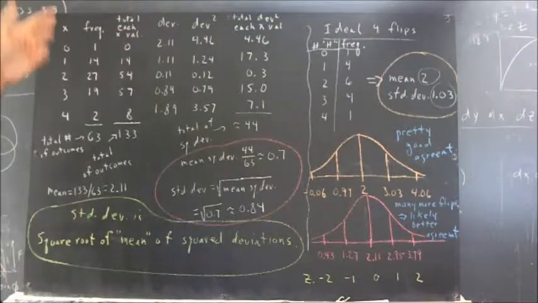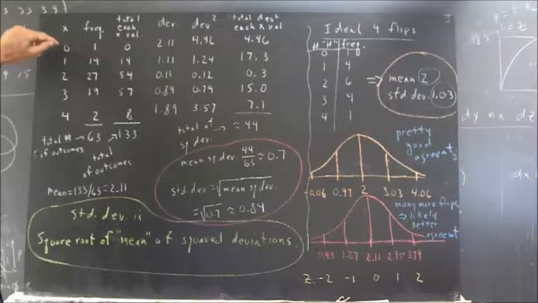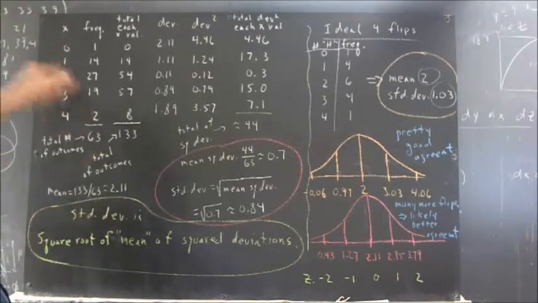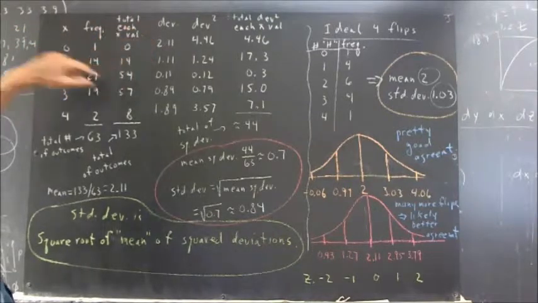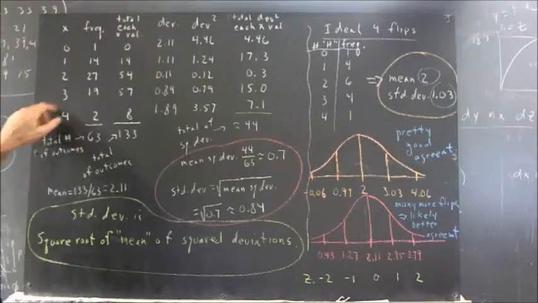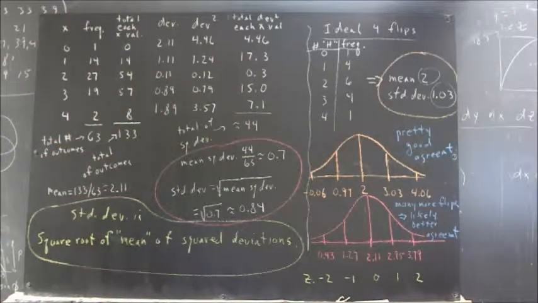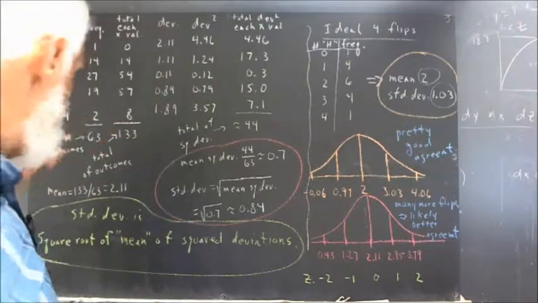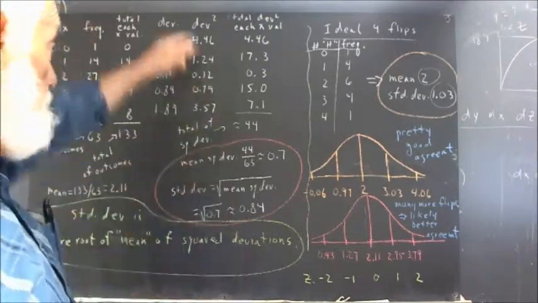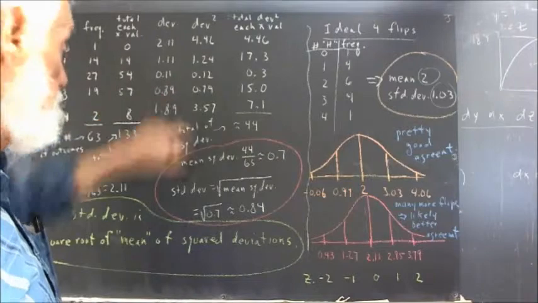Okay, so what we need to do is calculate the deviation of each of these numbers from the mean, which is 2.11. Well, 0 differs from the mean by 2.11, 1 differs by 1.11, and so forth. 4 differs by 1.89. Now we've got the deviations. Squared deviations means that we square the deviations.